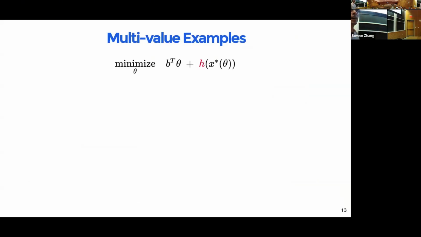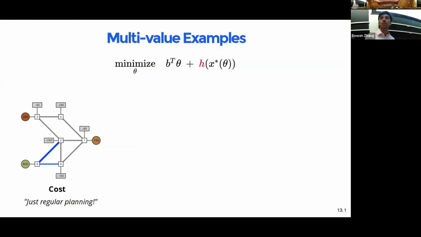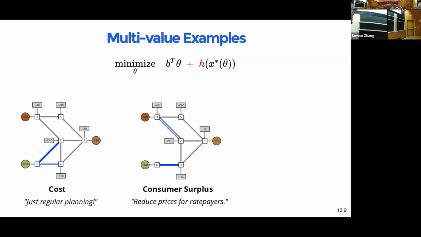Just to give some examples of what this might unlock, here's our previous cost-based expansion from earlier. Now, if you change the objective to the consumer surplus at node 2, so basically the price the consumers at node 2 will have to pay, then you'll see that the transmission investment changes quite a bit.